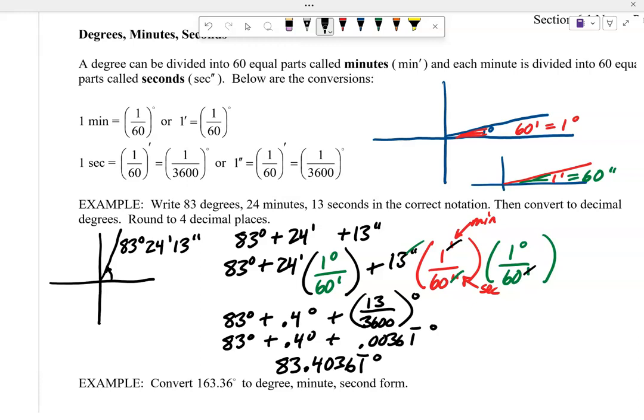Now we want to round this to 4 decimal places. 83.4036, right? This keeps going. We want to round it to that 4th position. Well, since the 1 to the right there is not 5 or bigger, I can just leave it at 0.4036.